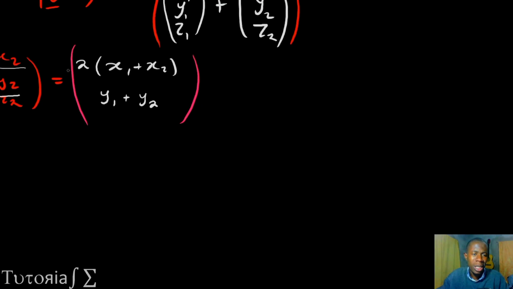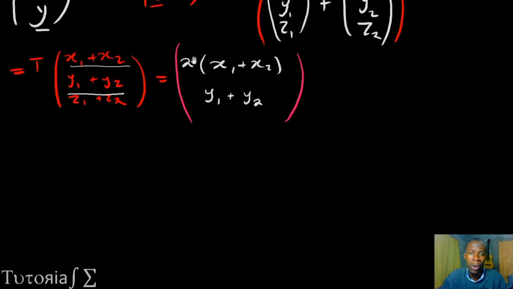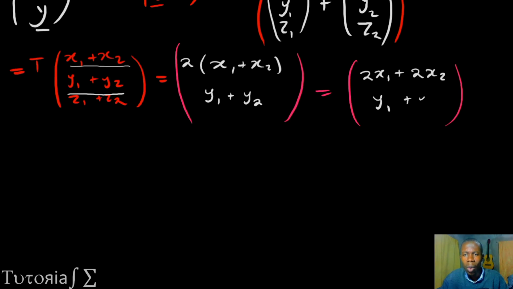So notice that the transformation sign, the T here, has disappeared because we have transformed this vector. So now after transforming, we distribute the 2. So the 2 distributed, we are going to have 2x1 plus 2x2, then y1 plus y2.